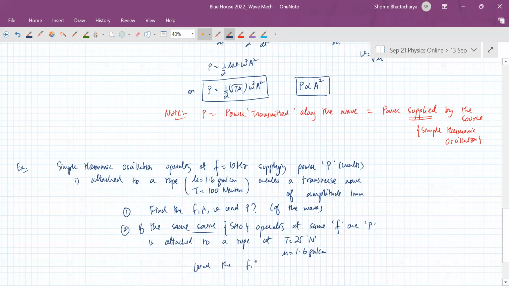Find the frequency, wavelength, wave speed, and amplitude of the wave propagated.